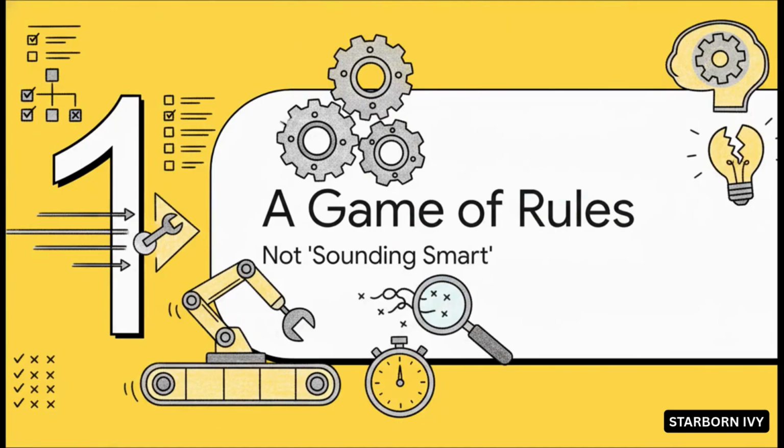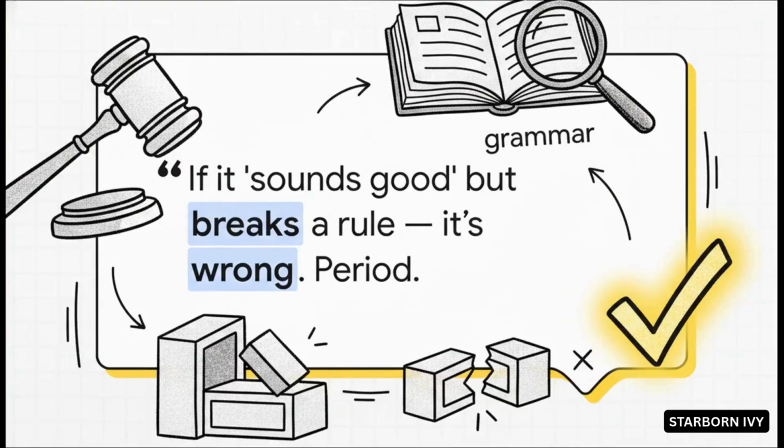So, the very first and honestly, the most important mental shift you gotta make is this. Your goal is not to sound smart, it's not to write beautifully. Your only job is to spot errors and fix them. Fast. Think of yourself as a machine. It's all about correctness, not creativity. You need to burn this into your brain.